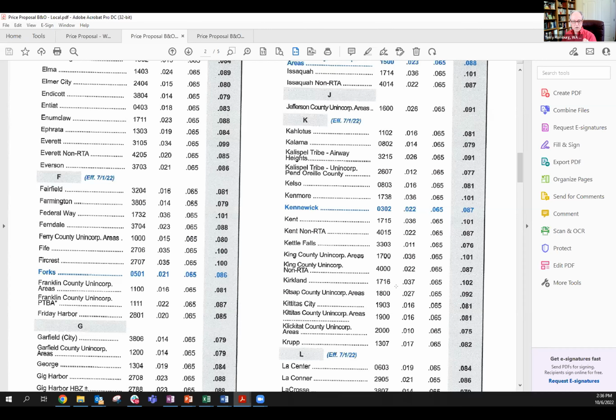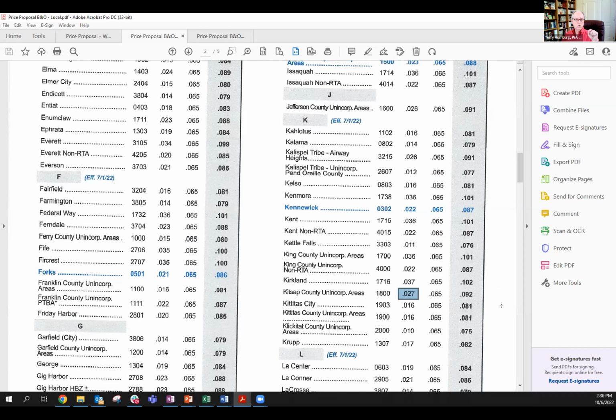And you look up Kitsap County unincorporated, it's 0.027. So if you were doing a federal contract in the Silverdale, Washington area, which is an unincorporated area in Kitsap County, you would also have to pay that tax rate to Kitsap County.